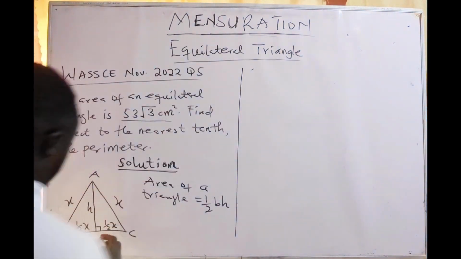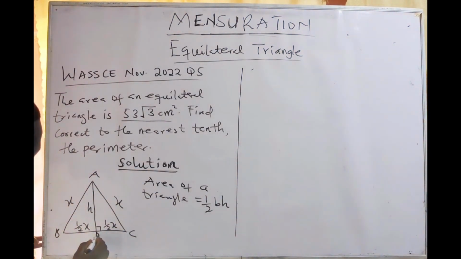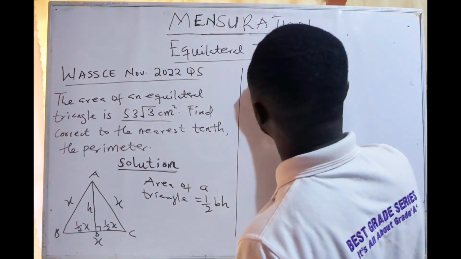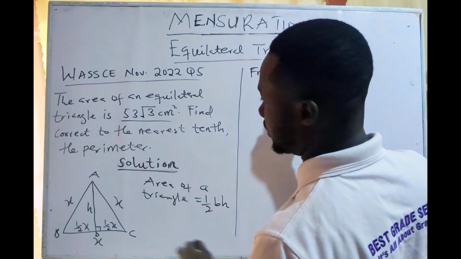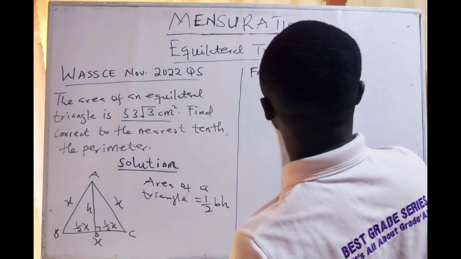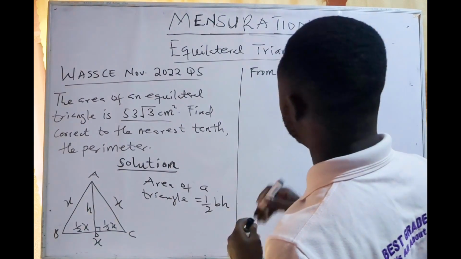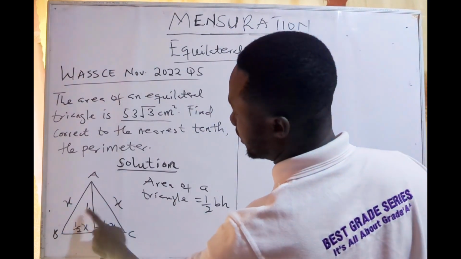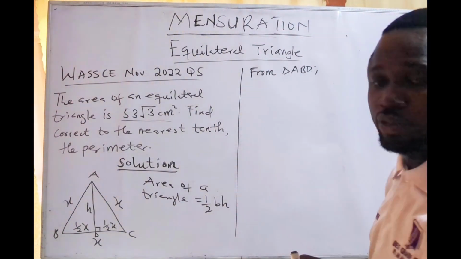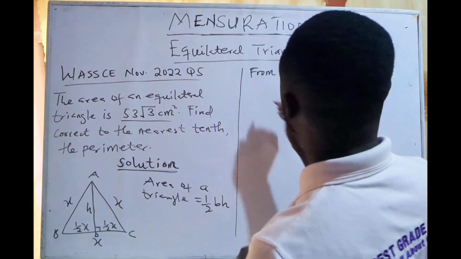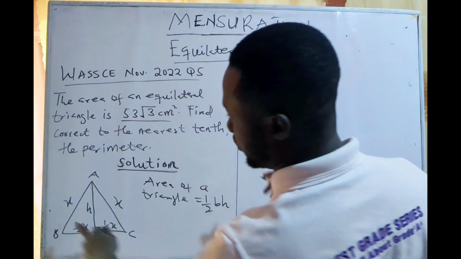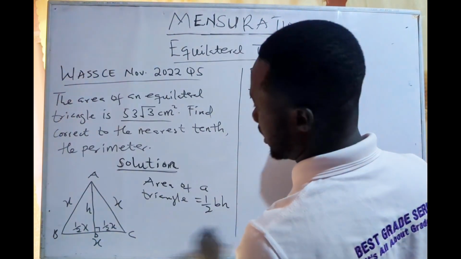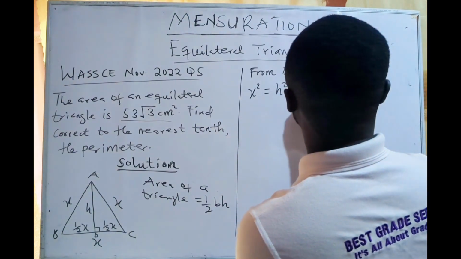Let me call the midpoint of the base D, so from triangle ABD, this right-angled triangle, using the Pythagoras theorem to find the height, my hypotenuse squared, so this side is the hypotenuse, is equal to h squared plus this side, half x, squared.